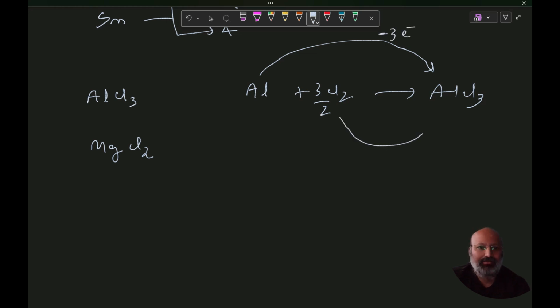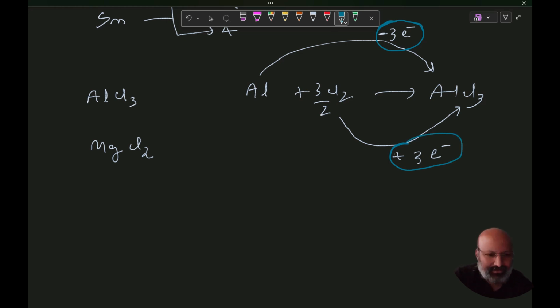And the total electrons gained by chlorine is 3 electrons. So in both the cases, you can see very carefully, 3 electrons are lost and 3 electrons are gained. Definitely it happens in every case. Electrons cannot be wasted. So in that case, your n factor will be 3.